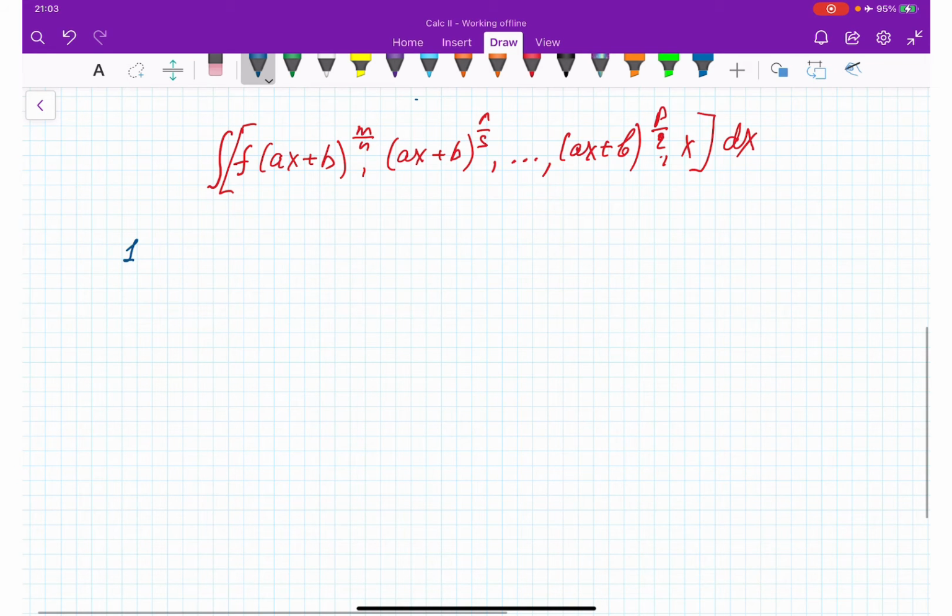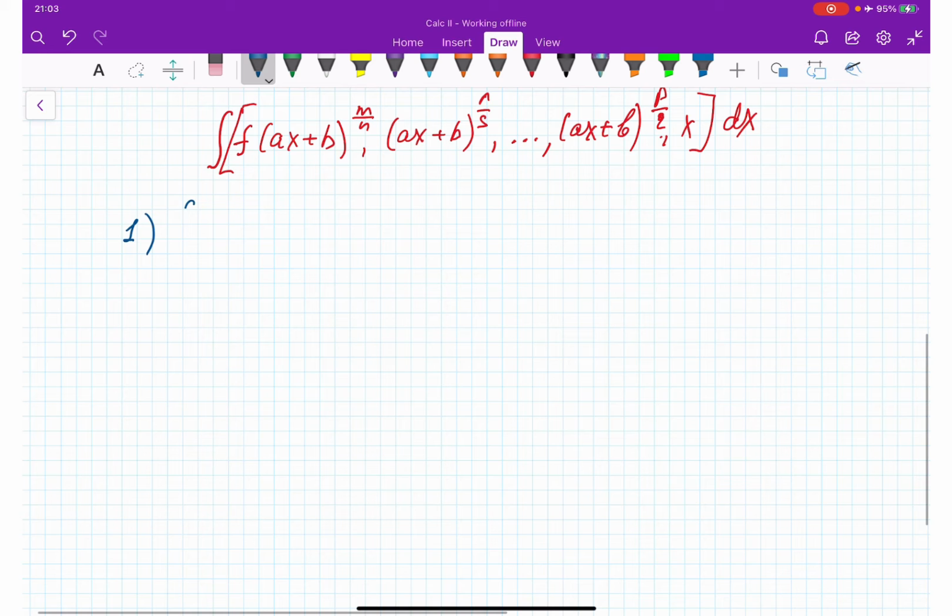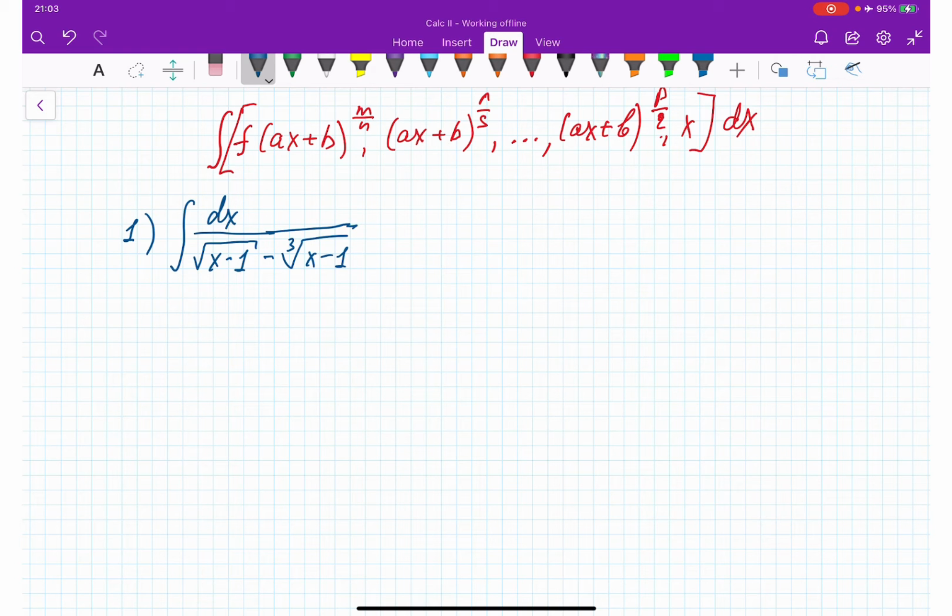Question number 1, we have integral dx over square root of x minus 1 minus cubic radical of x minus 1. Okay, so what do we have? Let me do drafting on the side. So we have x minus 1 to power 1/2, and we have x minus 1 to power 1/3.